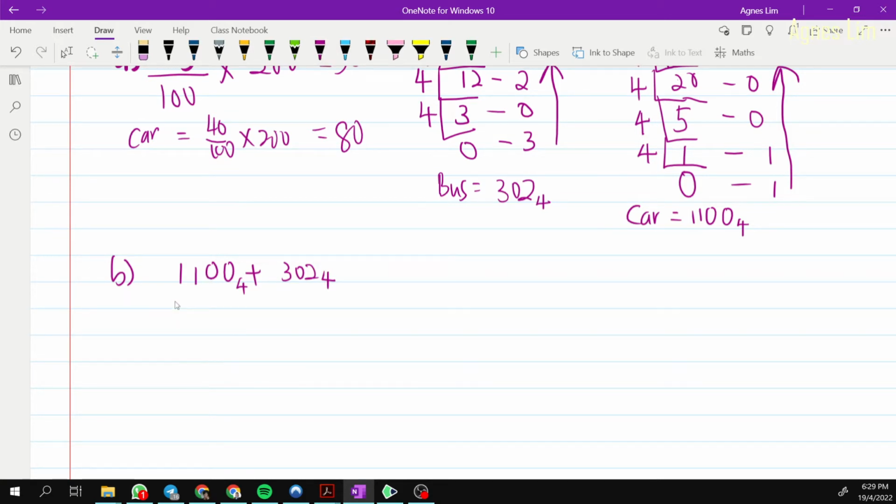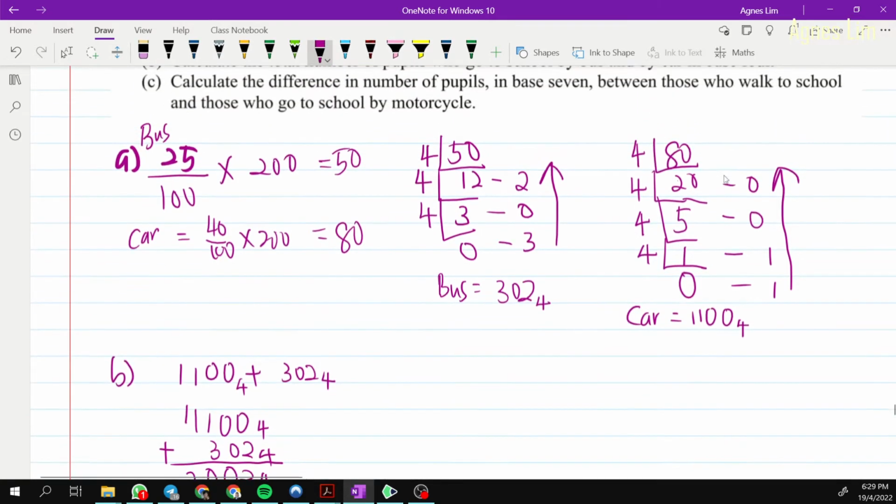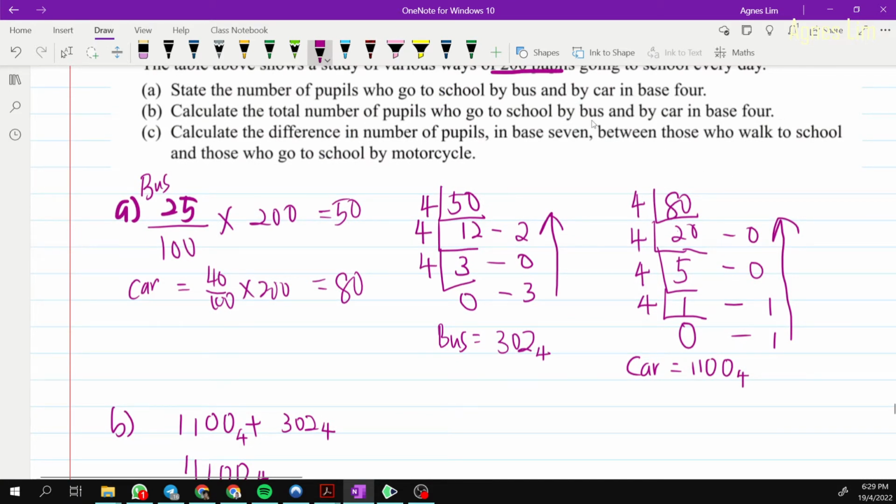You can use the method that we learned. 0 plus 2, you get 2. 0 plus 0, you get 0. 1 plus 3, you get 4. Now this is base 4, so we should not have 4. So 4 is actually 10. 1 plus 1, you get 2. So you get 202 base 4. This is the total number of students by bus and by car.